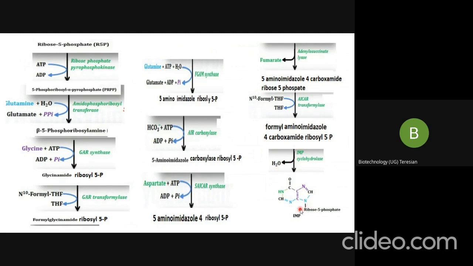So these are the steps which are involved in the formation of IMP, or inosine monophosphate, and this is the starting material for the production of adenosine monophosphate and guanosine monophosphate, which we have already dealt with.